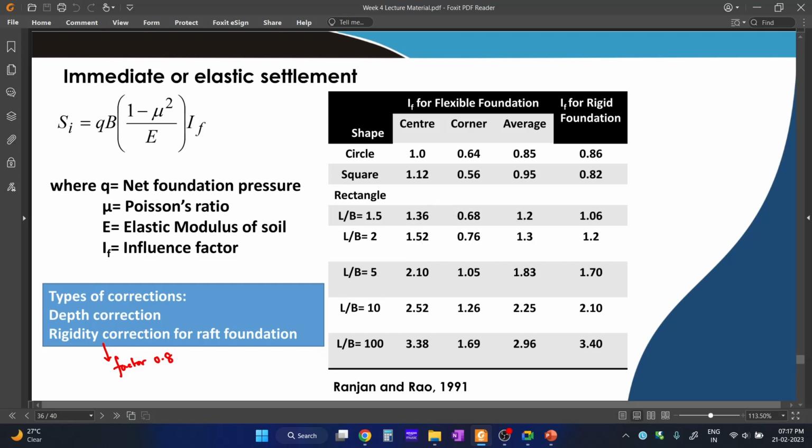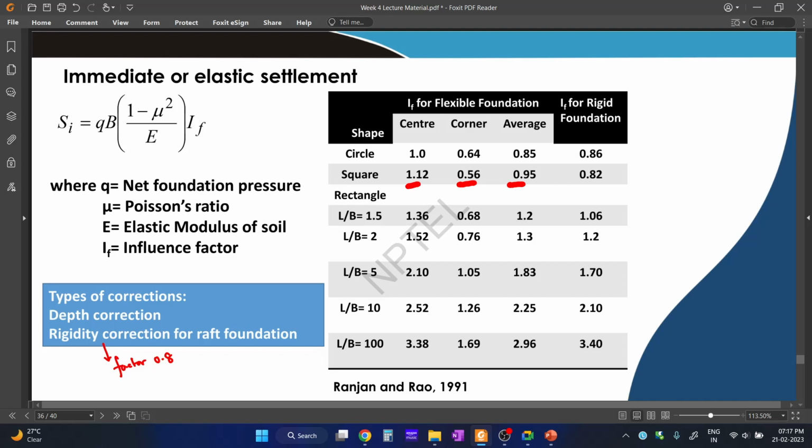if you are asked to find out settlement at a corner or center or average settlement for the flexible foundation only, then you will consider the corresponding values. You will consider L by B for a rectangle.